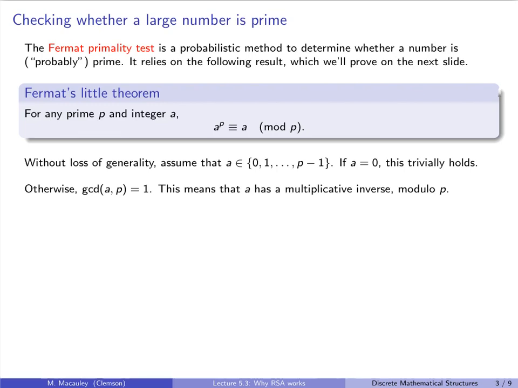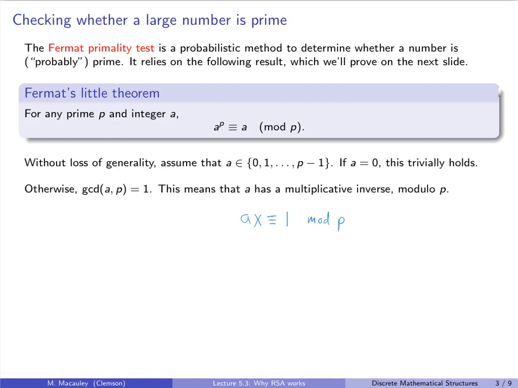Because of this, a has a multiplicative inverse mod p. In other words, we could solve ax is equivalent to 1 mod p. Remember, we saw in a previous lecture how to do this using the extended Euclidean algorithm.